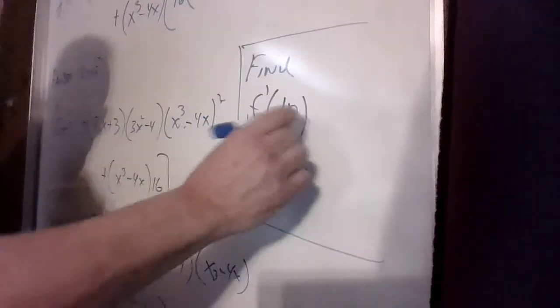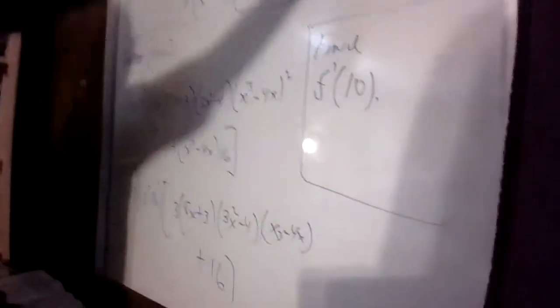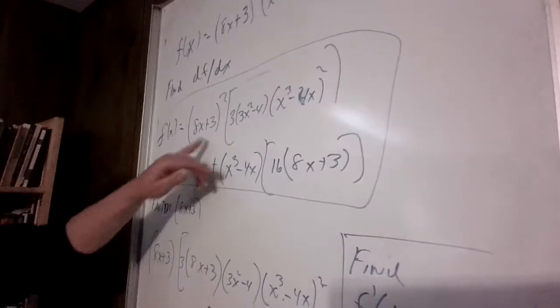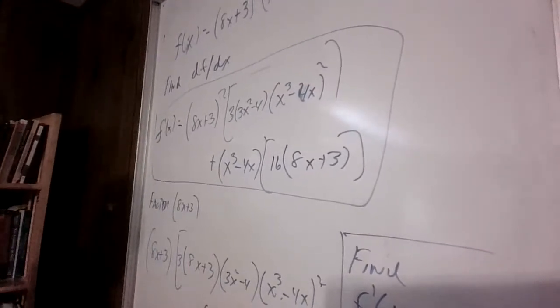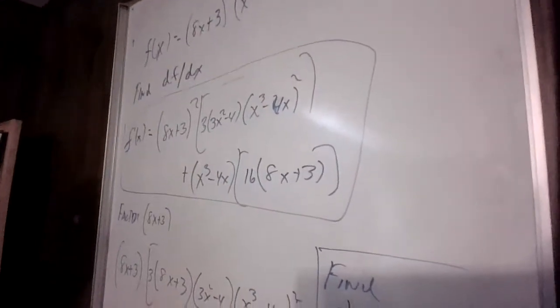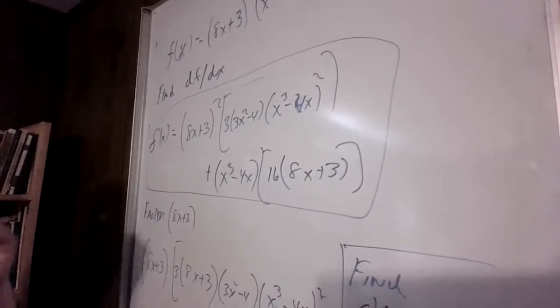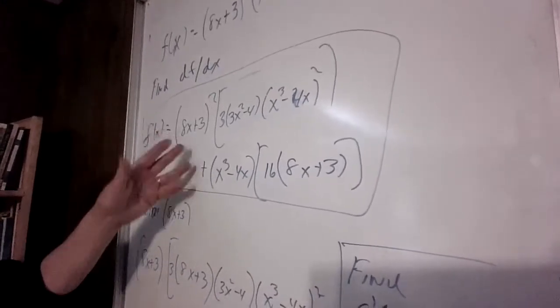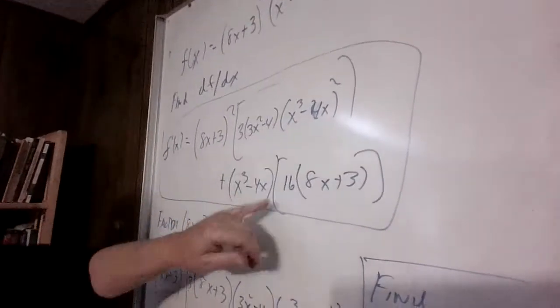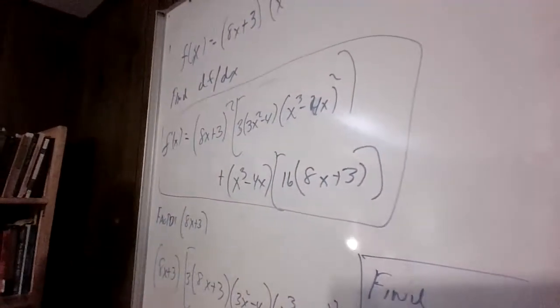So you really don't have to do that. You can actually keep this in this case because factoring doesn't help you that much. You still have 3 terms here. I would keep this in this case, and just wherever you see x, put in 10. Okay? And I know it's a bit much in arithmetic, but once you start to combine these, it becomes a simpler problem. Factoring doesn't really help you here.